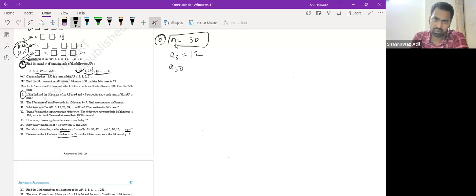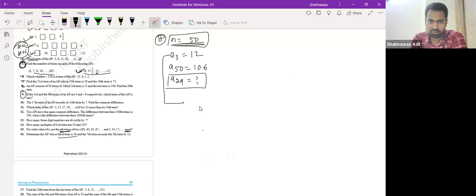This was the information needed: total 50 terms, so the last term would be 106. We have to find the 29th term. So it is exactly the same kind of question as the seventh one. A3 is how much? A plus 2D is equal to 12. And A plus 49D is 106.